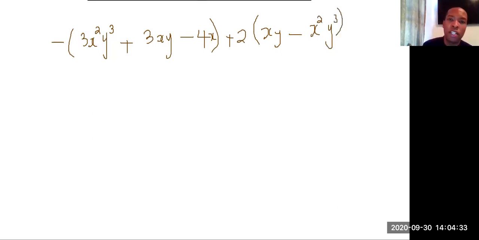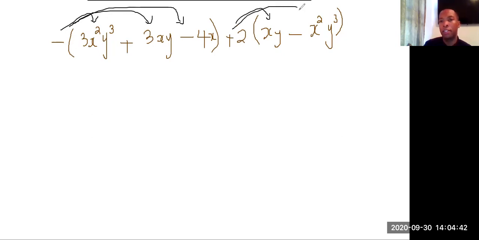Again, when I'm starting this out, I've got to do the distributive property. Get these parentheses out of here. They don't need to be here. That negative times the 3x squared y cubed is negative 3x squared y cubed. Negative times the positive 3xy is negative 3xy.